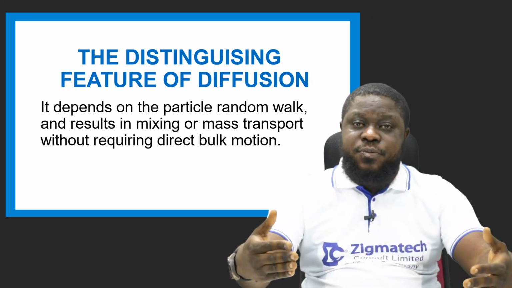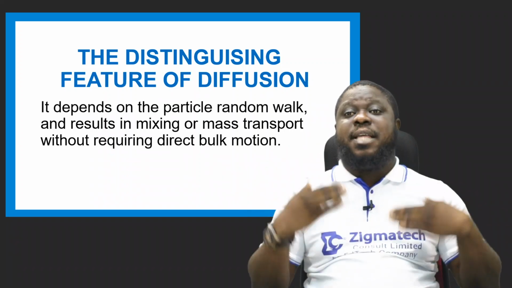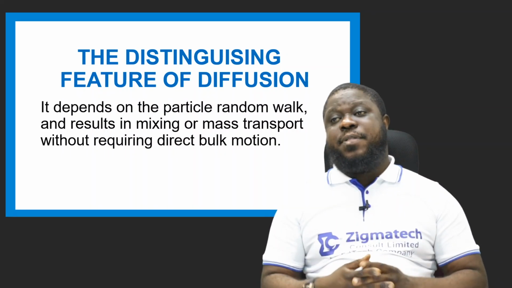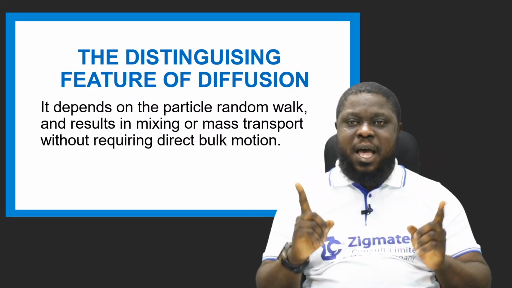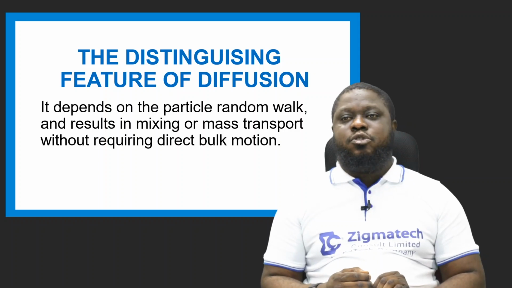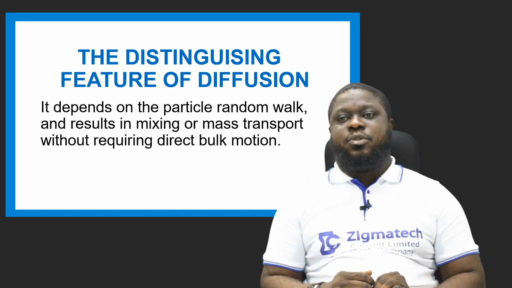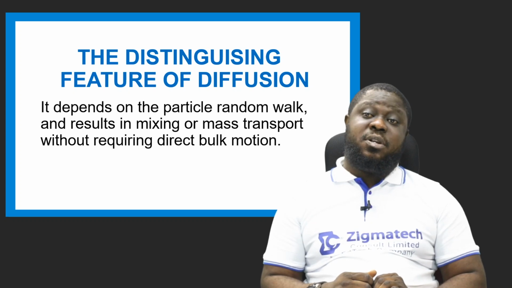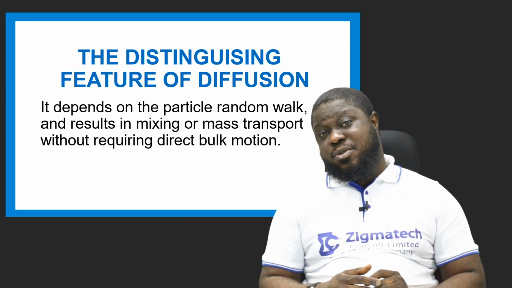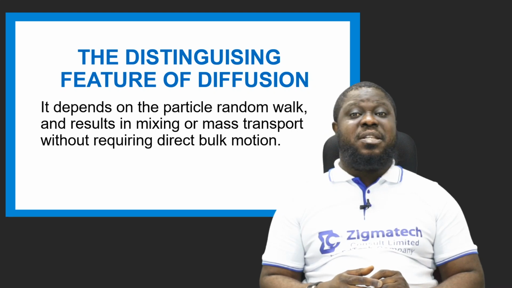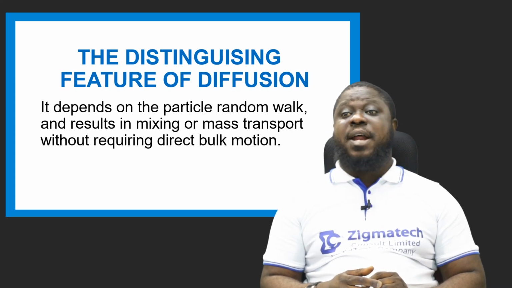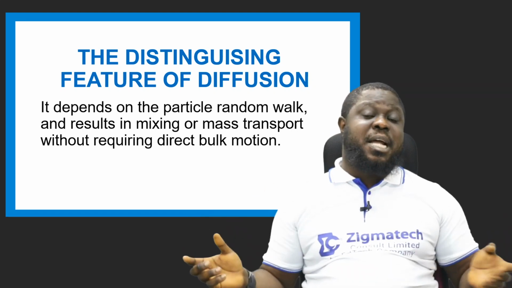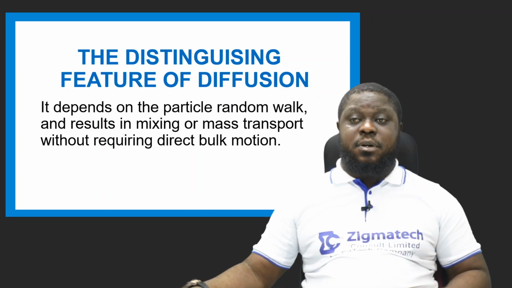If they move faster, diffusion will occur faster. If they move slower, diffusion will occur slower. It does not depend on bulk motion, because gases, when they come out, move randomly. They scatter anyhow, and that is how diffusion occurs.